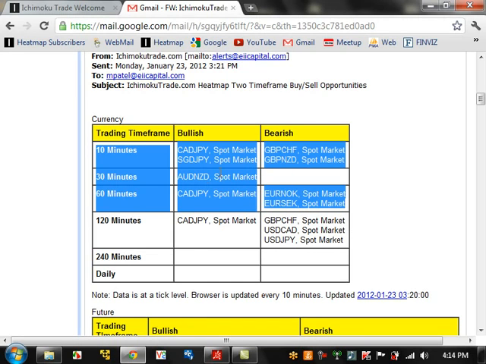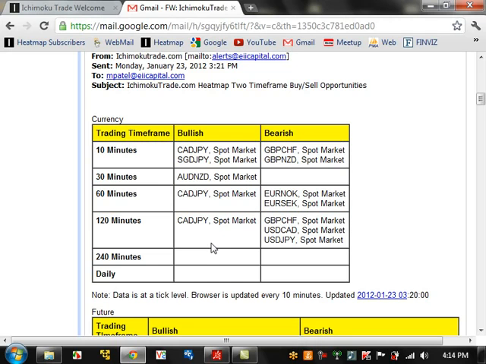And what I want to do is find a currency pair that's in here and also in here. If it's on the day trading side and also the long-term side, then basically it's a 3 or 4 time frame opportunity. Not only that, but the lower time frames are also in sync with the higher time frame. So you get a huge probability of success by just doing that.